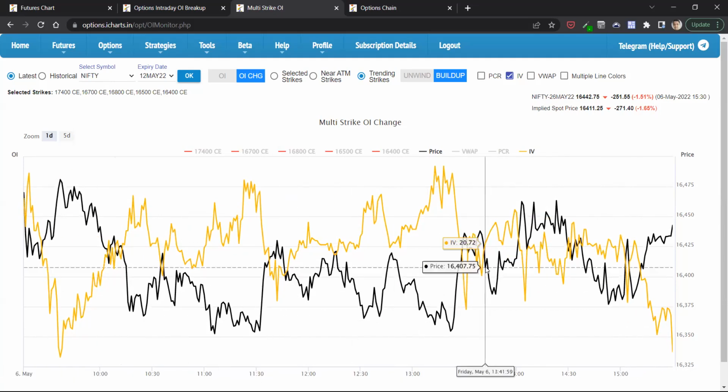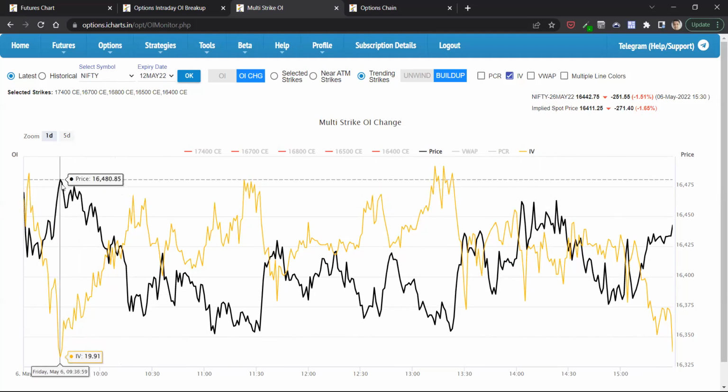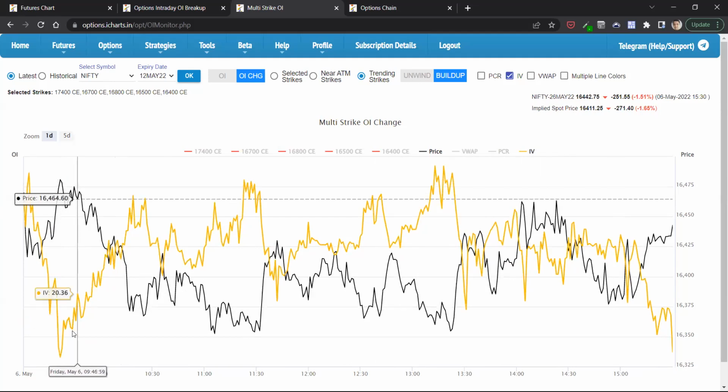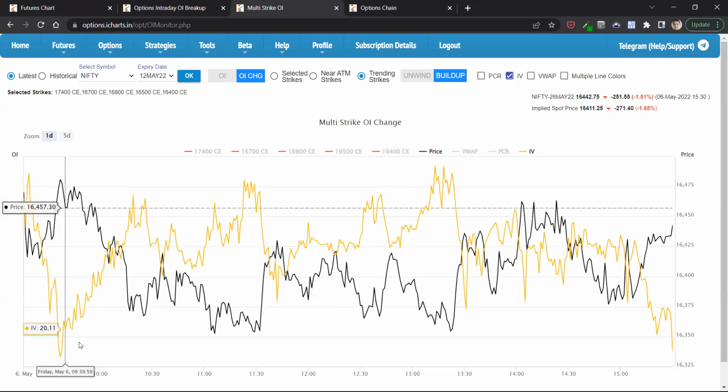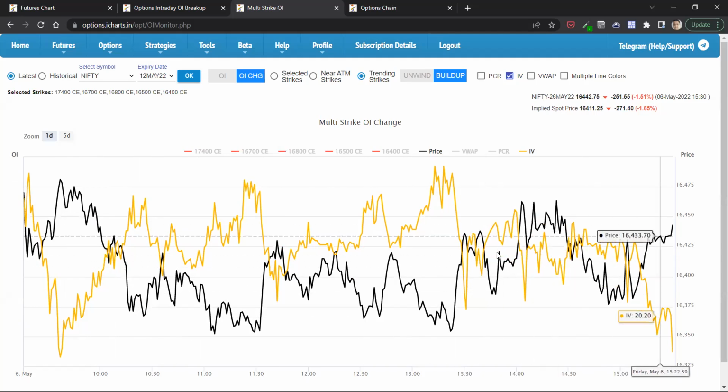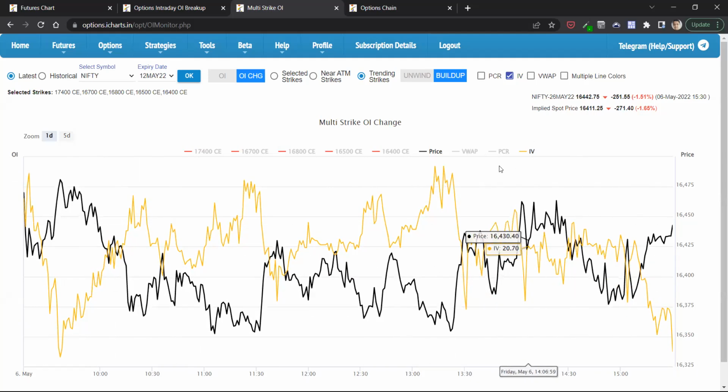Whatever the price currently is, say 16,500 will be the strike for which IVs will be considered, and the average of that will be shown over here. So it is a running ATM average IV basically. We call it average IV or overall IV of the script.